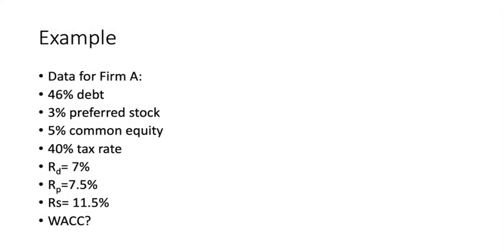Now let's look at an example for WACC. The data for firm A is as follows. It has 46% debt, 3% preferred stock, 51% common equity. The tax rate is 40%, RD is 7%, RP is 7.5%, and RS is 11.5%.